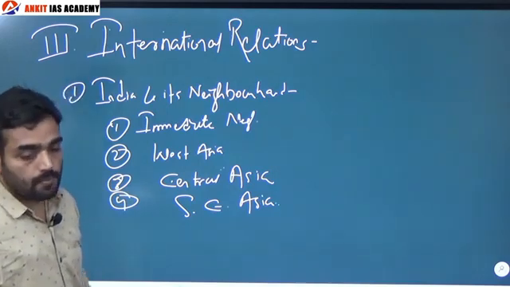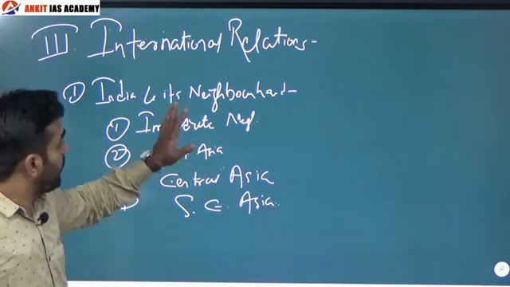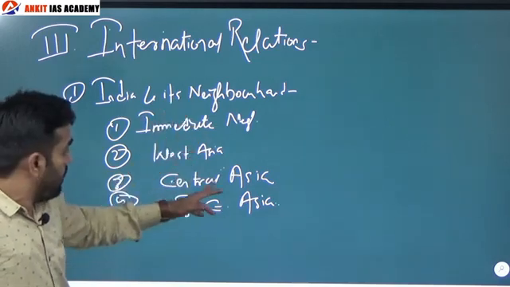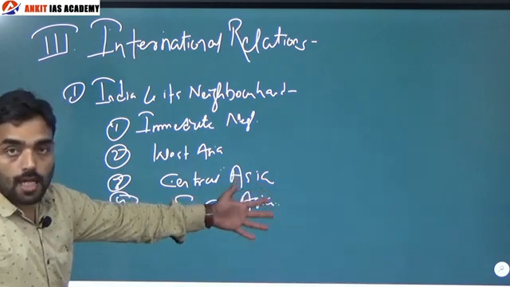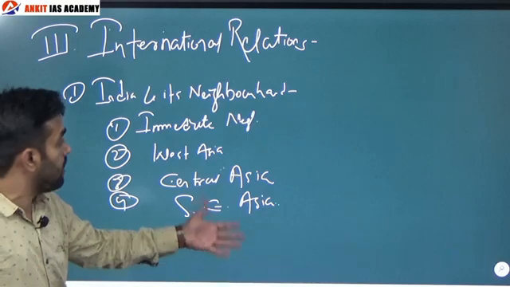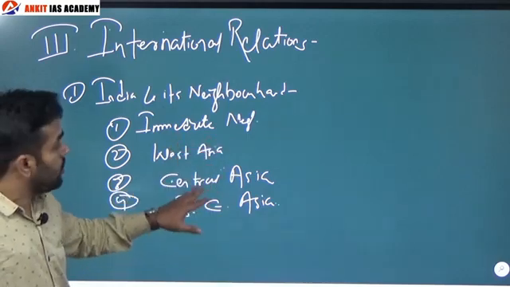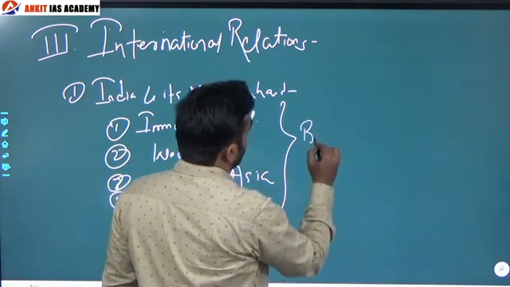So these can all come under the first part, that is India and its neighbors. Let's say in Central Asia there are Central Asian republics, Kazakhstan, Uzbekistan, and all. In Southeast Asia, Singapore, Indonesia, Malaysia, Philippines, and you know the immediate neighbors. So this is basically about bilateral relations.